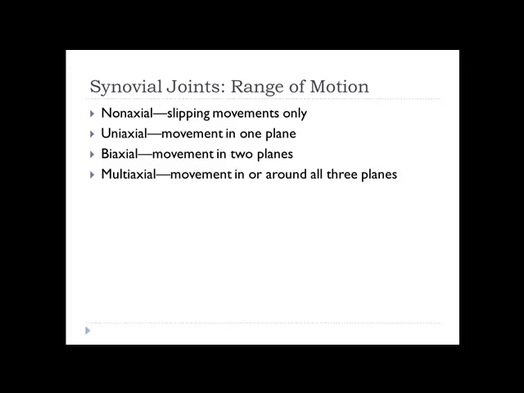They can be biaxial, so they can move up, down, or left and right. A good example of those could be our joints in our spine. Or they could be multiaxial. They can move in all directions. When I think of a multiaxial joint, I am thinking of my ball and socket joints. I am thinking mostly of my shoulders and my hips.